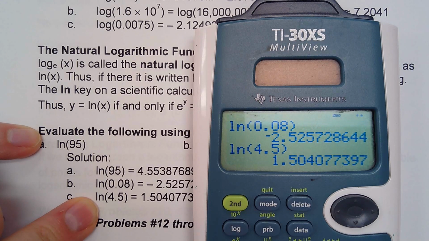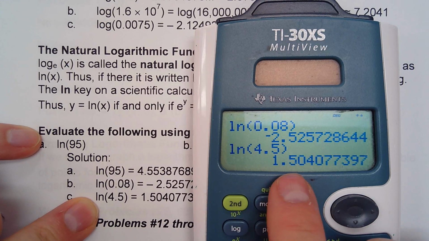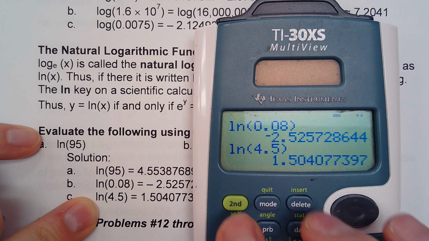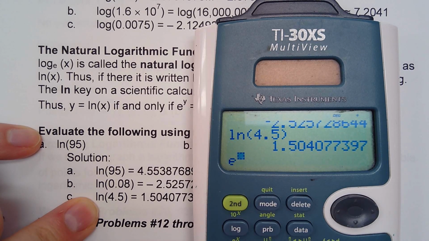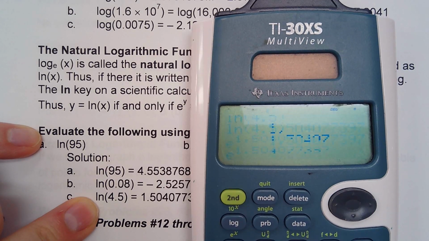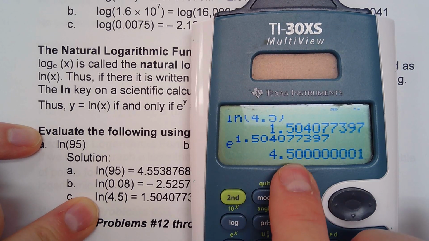Now keep in mind, what these answers are giving you, these are still exponents. So in other words, this is the exponent I would need to raise e by to get 4.5. So if I took my e function, raised it by that exponent, I should get something very close to 4.5.